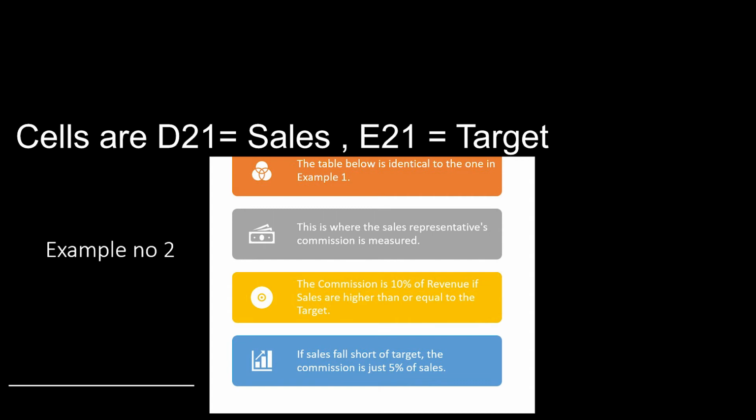Now example number 2 basically tests another condition: what is the commission that is to be paid if the target is achieved of the sales. However, if the sales do not reach the target, the commission is only 5% of the sales. So how do we calculate this formula?